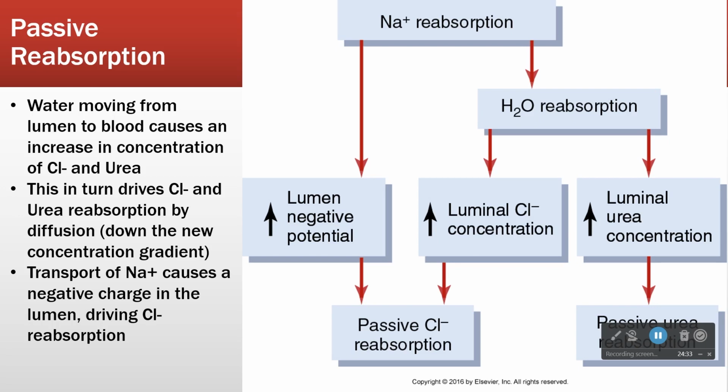Both chloride and urea are traveling down the concentration gradient, and chloride is also being driven by the increased chloride concentration in the lumen too. So this increased concentration is going to tend to push chloride into the body. So we get both sodium and chloride moving across the cells, and therefore water follows, right?